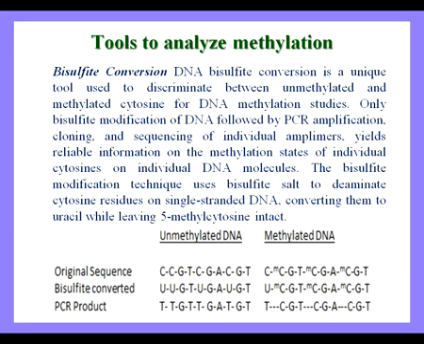For the benefit of those students who have a chemistry background, they will understand that the basic premise of this experiment is that the bisulfite modification technique uses bisulfite salt to oxidatively deaminate cytosine residues on single stranded DNA, converting them into uracil.